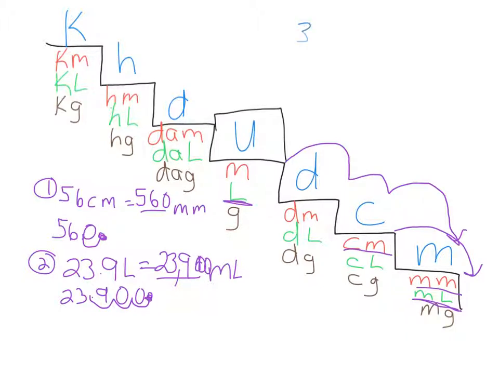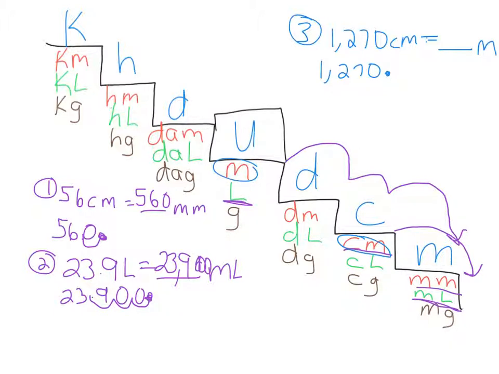Let's try one more example. Let's do 1,270 centimeters equals how many meters? And so I'm going to take this number. I'm going to make sure I show that my decimal is at the end. And I'm going to find centimeters. It's centimeters. And I want to find meters.